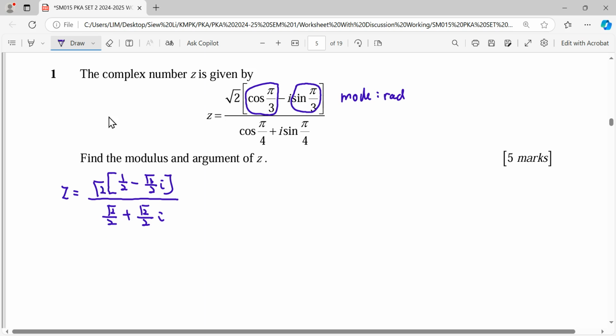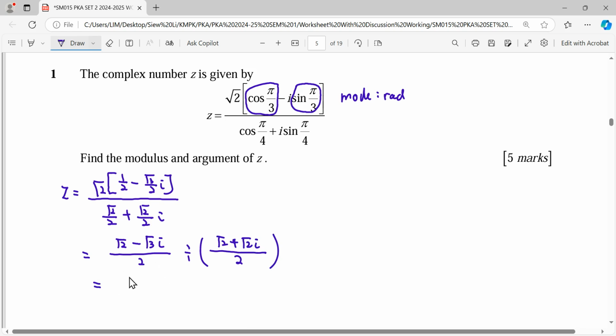So before you multiply with its conjugate, we can see fraction over fraction. Maybe we can simplify here. So when you get same to the denominator, 2 is supposed to be 2 minus root 3i. Then divide with another complex number here, which is get same to the denominator, 2 plus 2i.